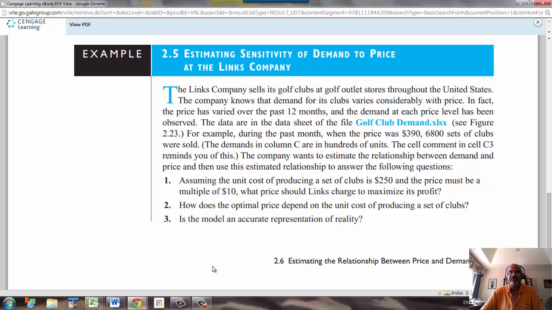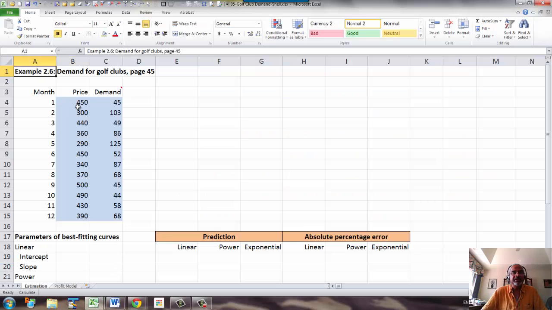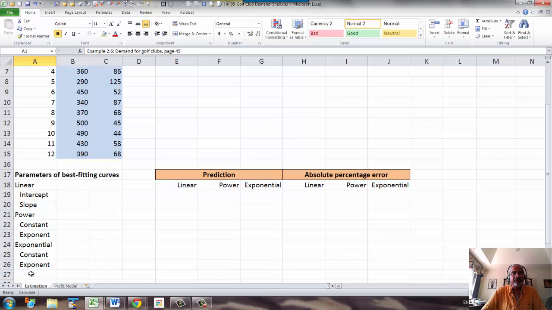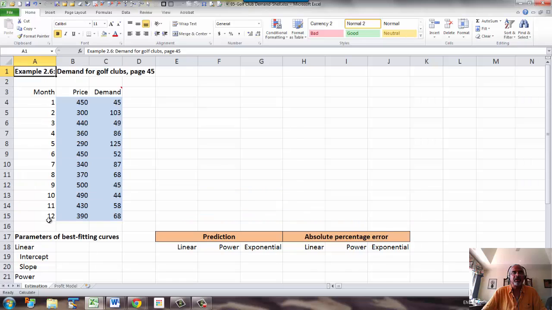So let's go to the Excel file. Here is the given demand for the last 12 months. What are the different prices and what was the corresponding demand? And we want to set up three different fits: a linear model, a power model, and an exponential model. So we're going to set up a scatter plot, with the x-axis values first and then the y-axis values next.